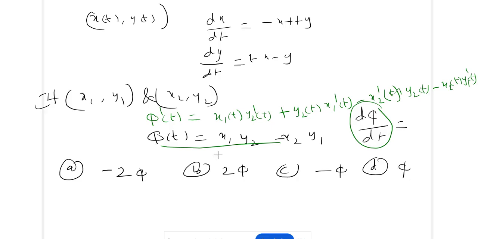Correct? This is the correct one. So this is pi dash of t, this is d pi/dt.